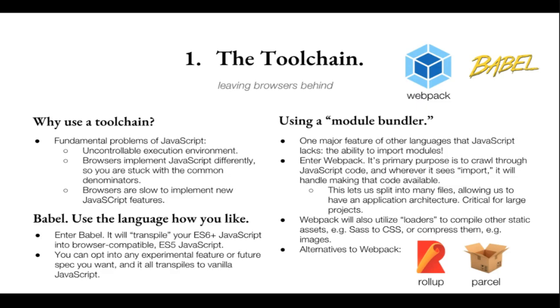In addition to that, we take Babel and put it in Webpack, so when Webpack crawls our JavaScript files looking for imported code, at the same time, Babel will also transpile it into that vanilla JavaScript. Okay, so we have two things going on here. So Babel is in Webpack.